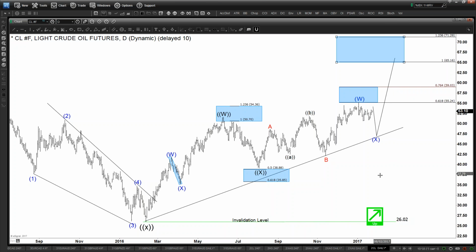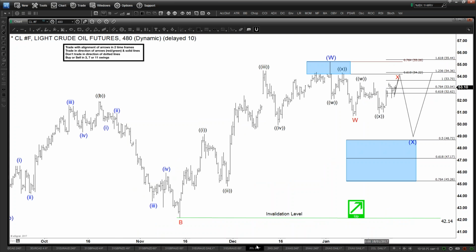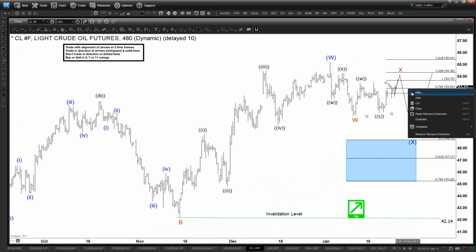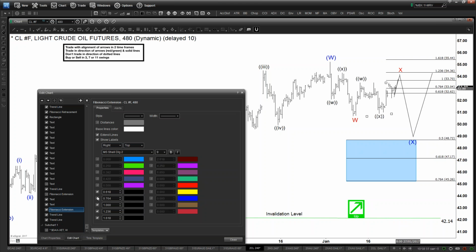Ideally, we should hold this trend line, but you don't need to worry about that. You just work with the equal legs to buy. So from there, again, we don't like selling from these equal legs. These short-term equal legs are referred to, but that's an area from where it can certainly make another push lower.